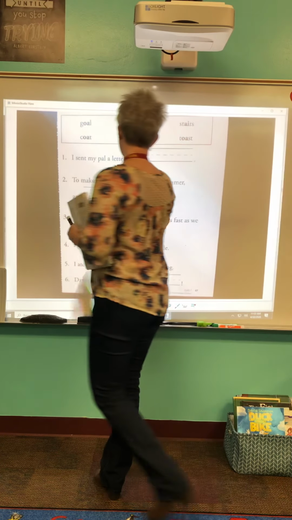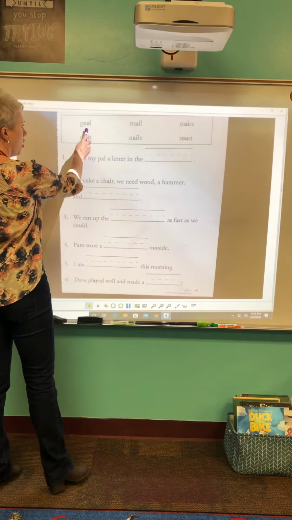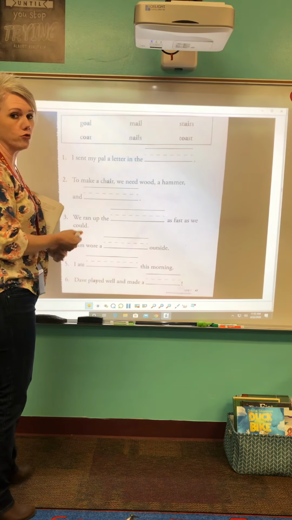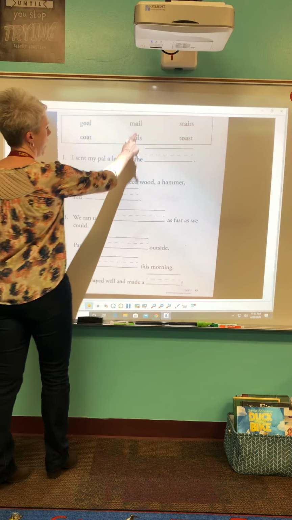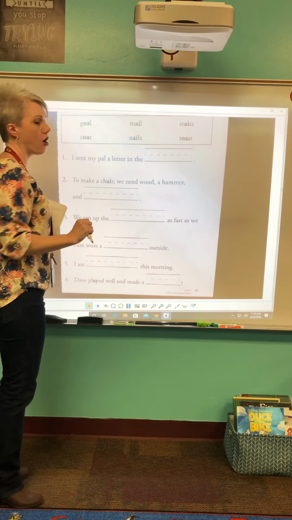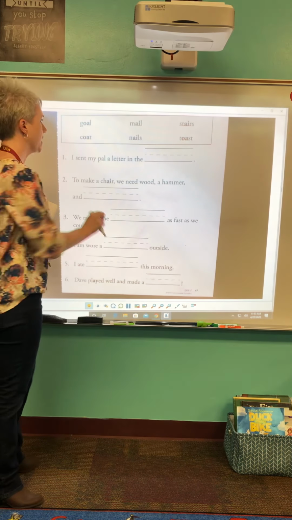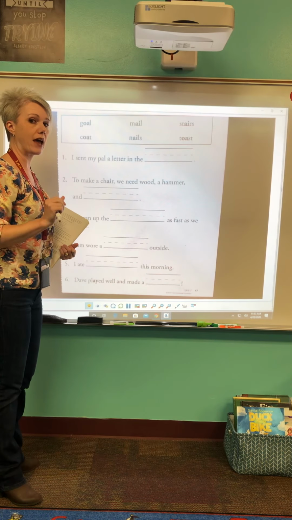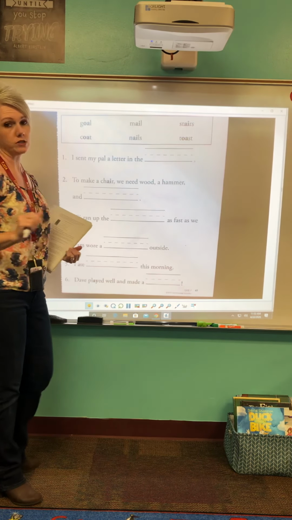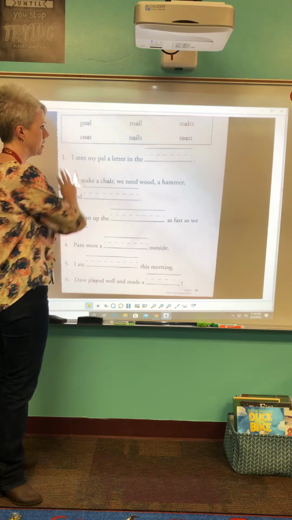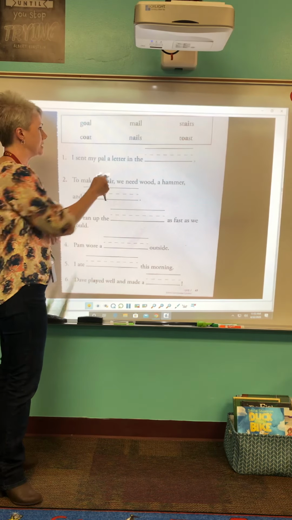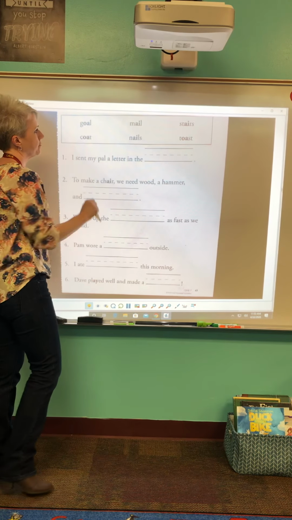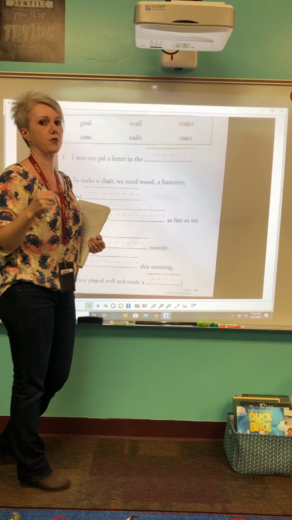Okay, so we have words with our OA, which is the long O sound, and our AI, which is the long A sound, okay? So all of these words will either have the long A sound with the AI spelling or the long O sound with the OA spelling. And this is just some practice to get us used to seeing those letter teams and committing the sound to memory, okay?